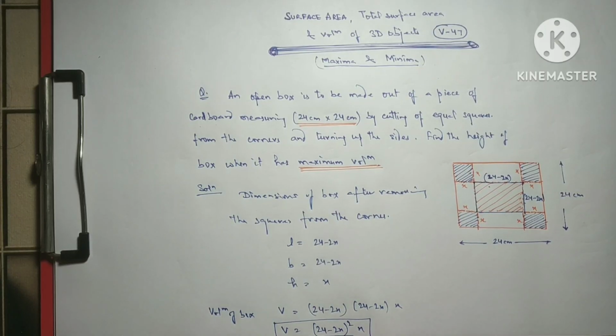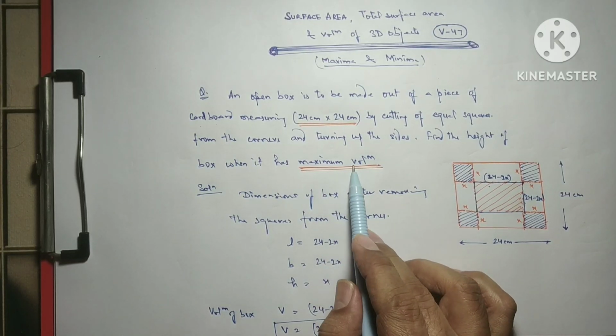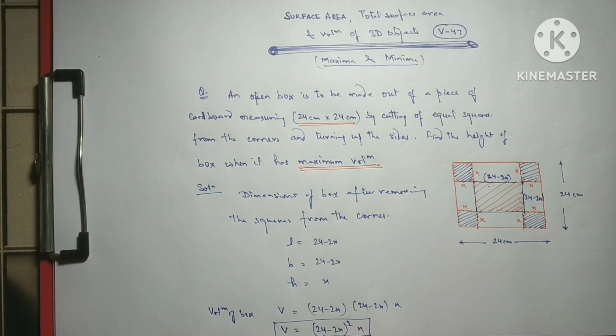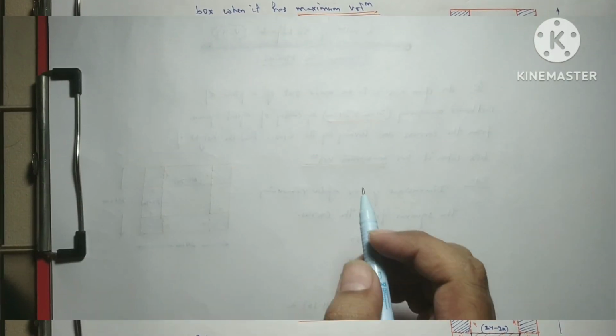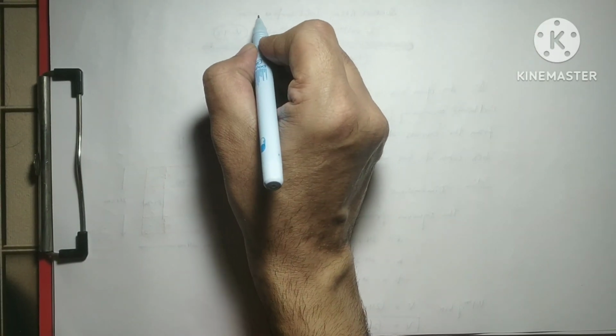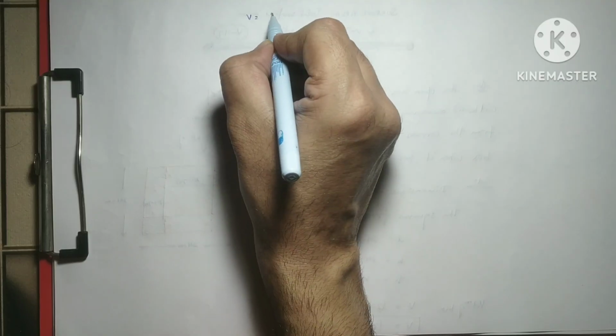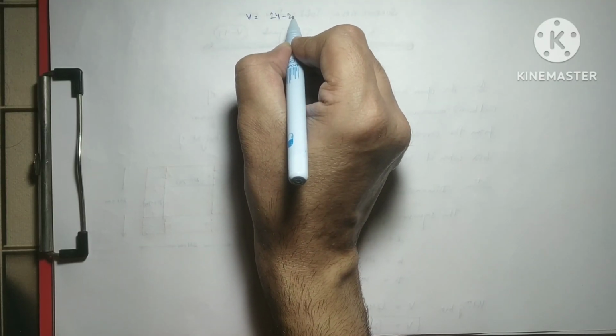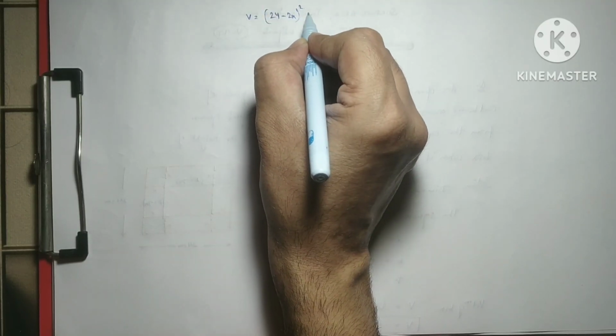And our task is to maximize the volume. So we will use the second derivative test on this volume function. Now the volume function V is 24 minus 2x whole square into x.